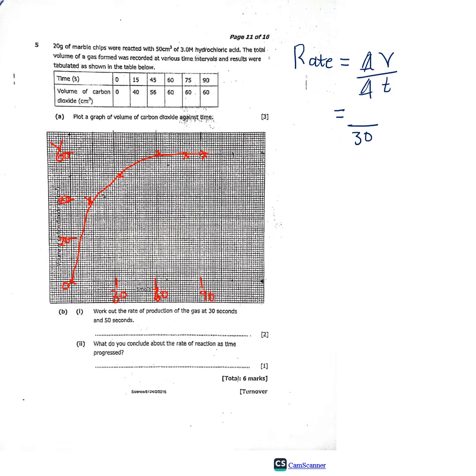At 30 seconds, approximately 50 cubic centimeters. So let's divide 50 by 30. We have 1.6, which is 1.7 cubic centimeters per second.